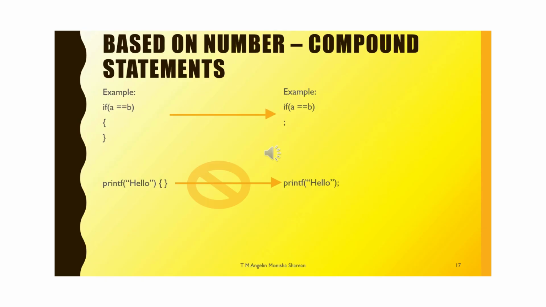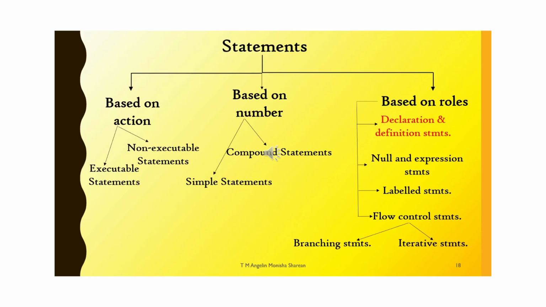Coming to the second example, there is a printf statement which prints hello to the output screen, and it is followed by a compound statement, and this cannot be represented as just a simple statement. So always keep in mind that there are different representations of compound statements.